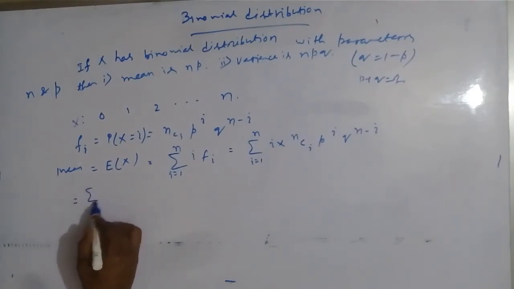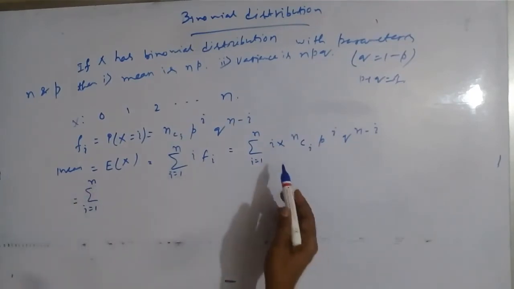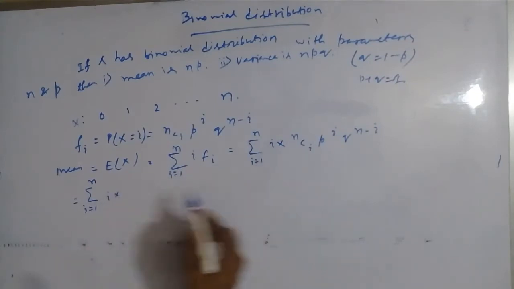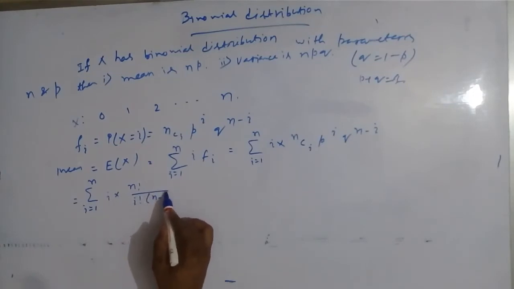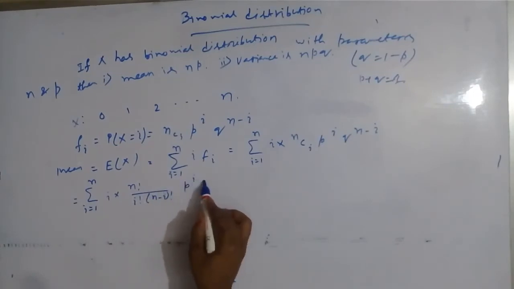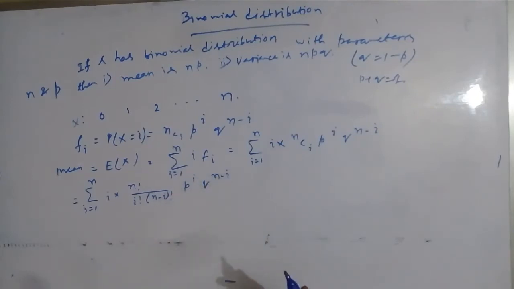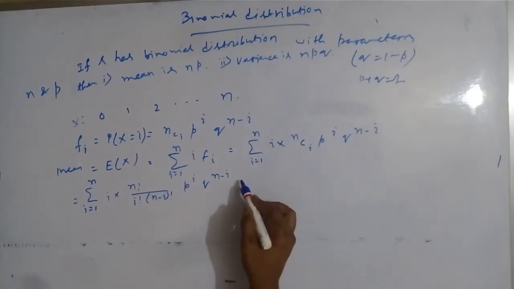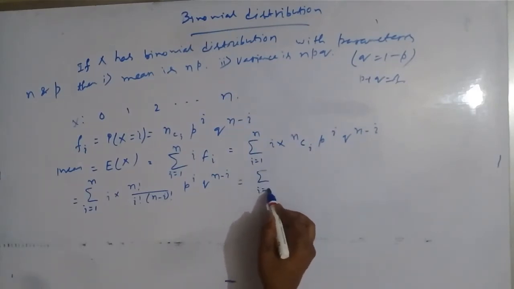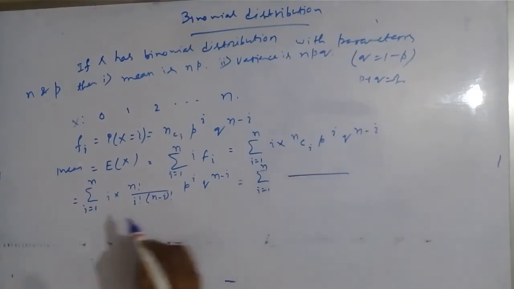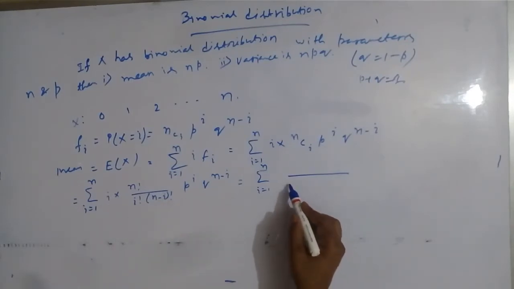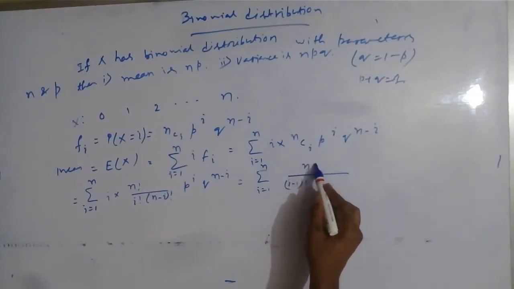Now the summation i equal to 1 to n of i times nCi can be written as n factorial by i factorial into n minus i factorial, p to the power i, q to the power n minus i. Now, in the summation i equal to 1 to n, the i and i factorial cancel, giving i minus 1 factorial and n factorial.